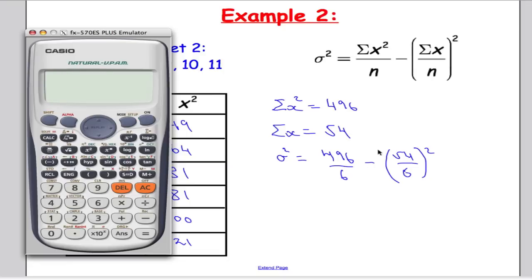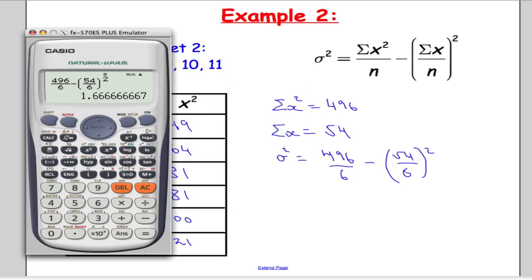So I'm going to put it into the calculator just like this. So we get 496. Let's just change my calculator out of statistics mode. 496 over 6. I need to subtract, opening a bracket, 54 over 6, and that's all squared.